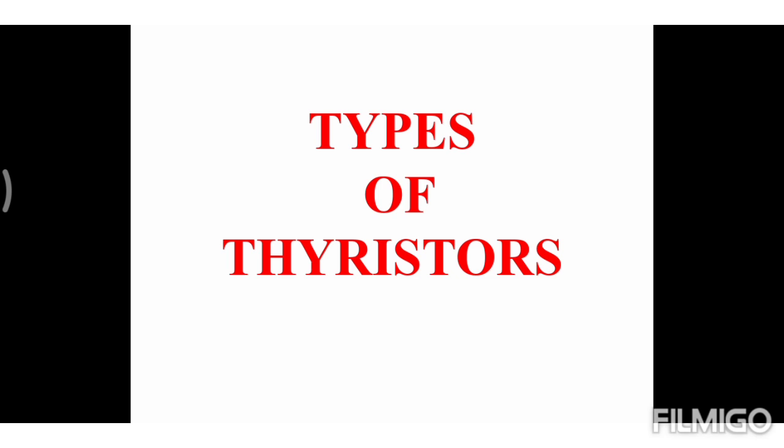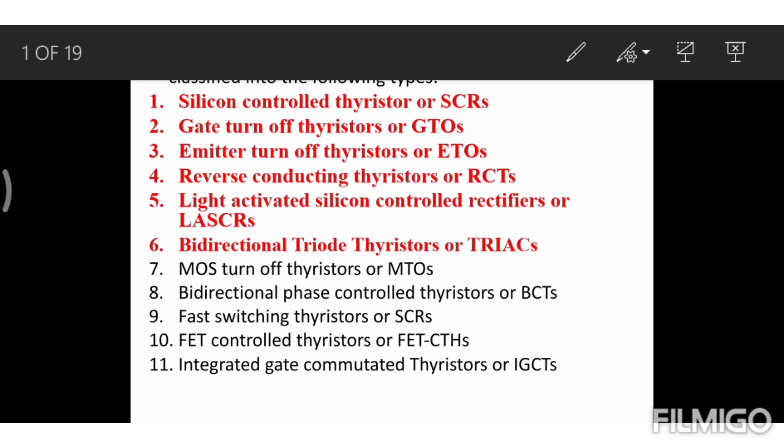In today's class we are going to discuss what the different types of thyristors are, and what the applications of those thyristors are. So let us see what the different types of thyristors are.